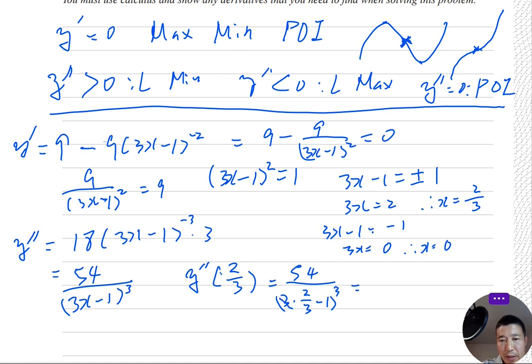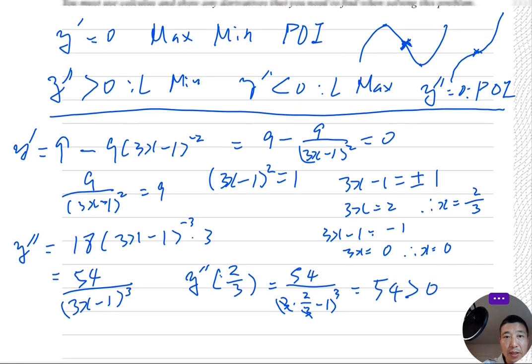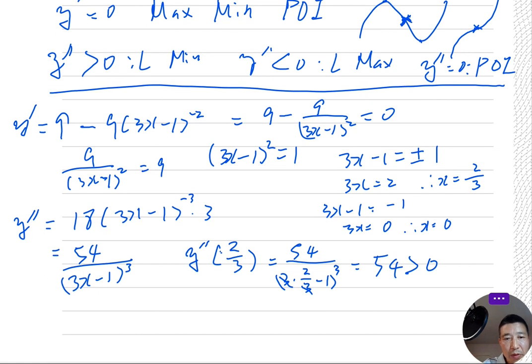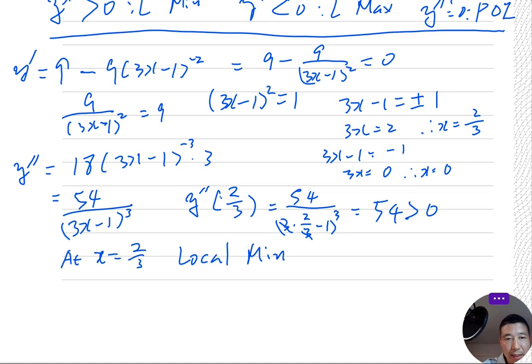Look, that's 2 minus 1, which is 1 cubed, which is 1, so 54 is positive. What did I tell you? If it is positive, it's a local minimum. So all you have to say is at x equals 2/3, local minimum.